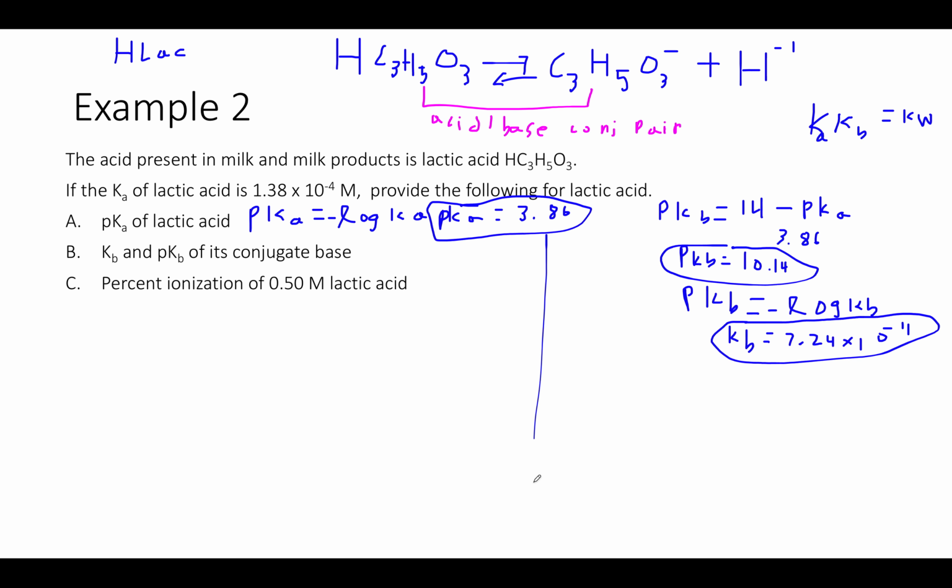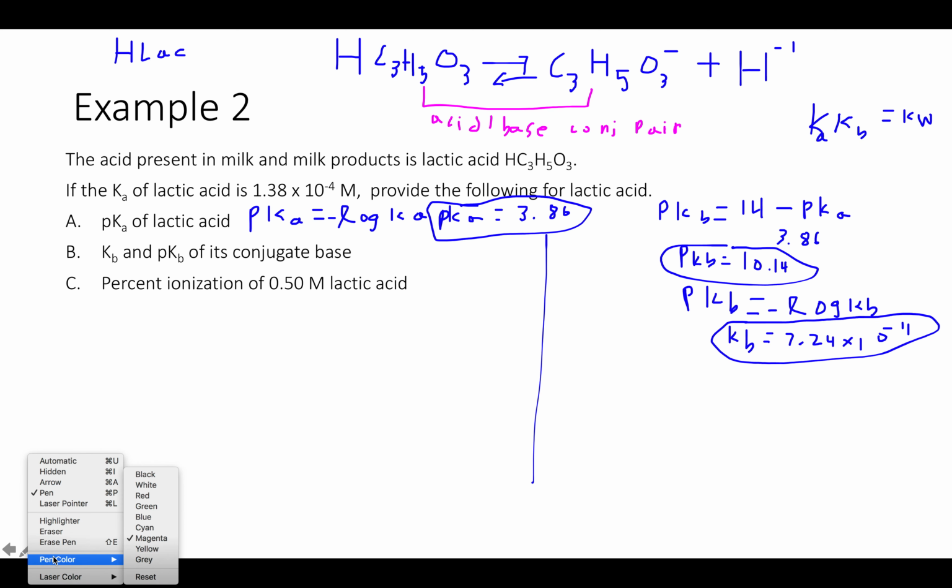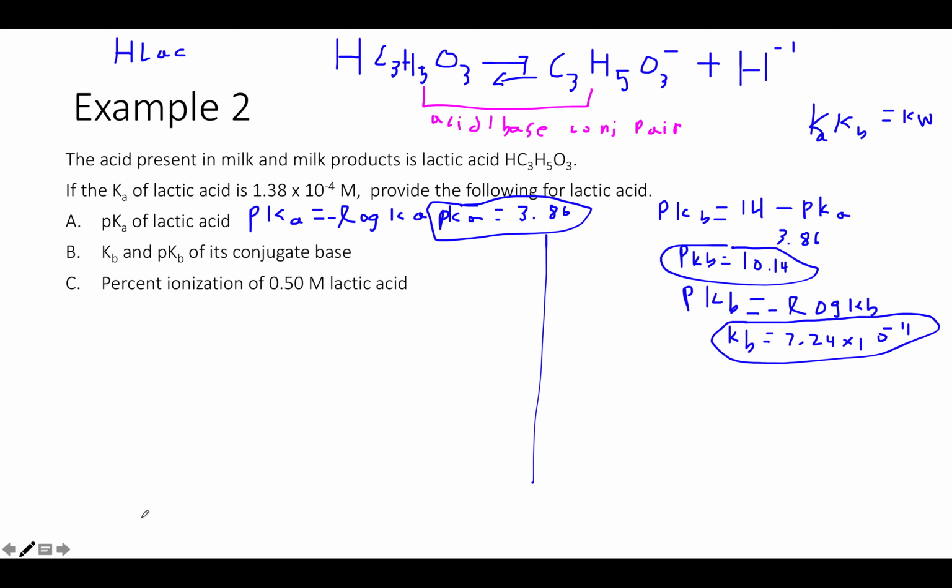Okay, final thing we're asked for is the percent ionization of a 0.5 molar lactic acid solution. Well, in order to do this, we're going to need to find the equilibrium expression. We know the Ka. We can solve for the concentration of the hydrogen ion at the equilibrium, and we can then use that to solve for the percent ionization. So I'm going to write a table here. The table is going to correspond with the equation up here.